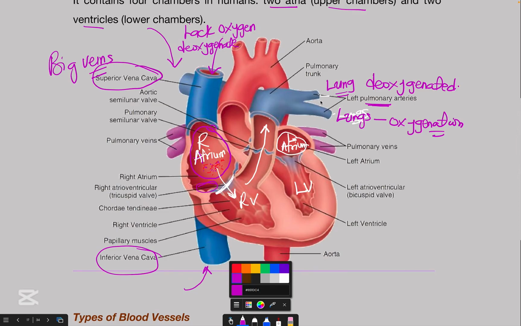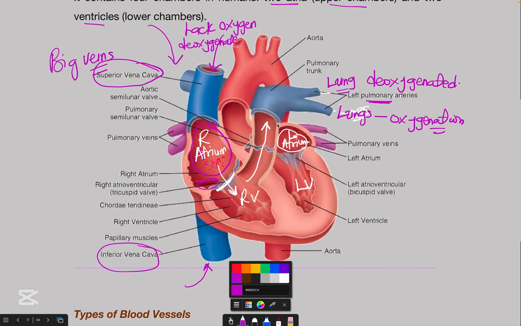So this pulmonary artery is what carries the blood to the lungs. Normally, arteries are supposed to carry oxygenated blood, but the pulmonary artery carries deoxygenated blood to the lungs. This circulation is called pulmonary circulation, where blood flows from the heart to the lungs. Please take note.